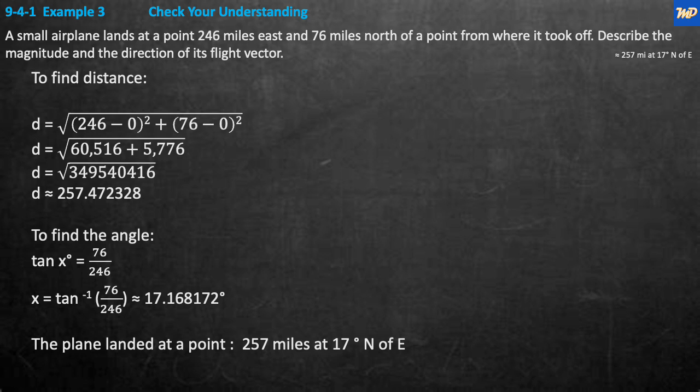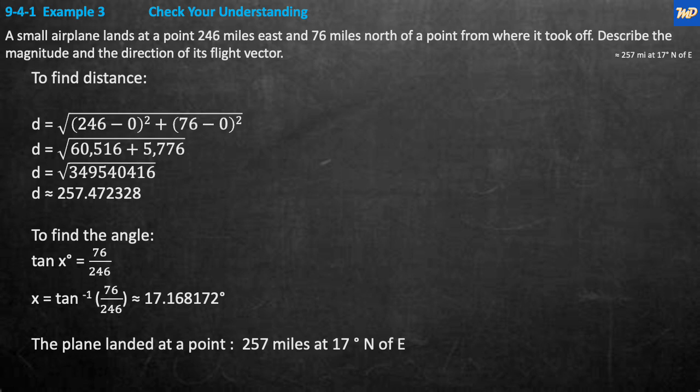Okay. To find the angle, we're going to use the tangent. Since we have the x distance and the y distance, and we know that y over x is the tangent, the tangent of x, the angle we're looking for, is equal to 76 divided by 246. Well, to solve for x, we need to take the inverse tangent.